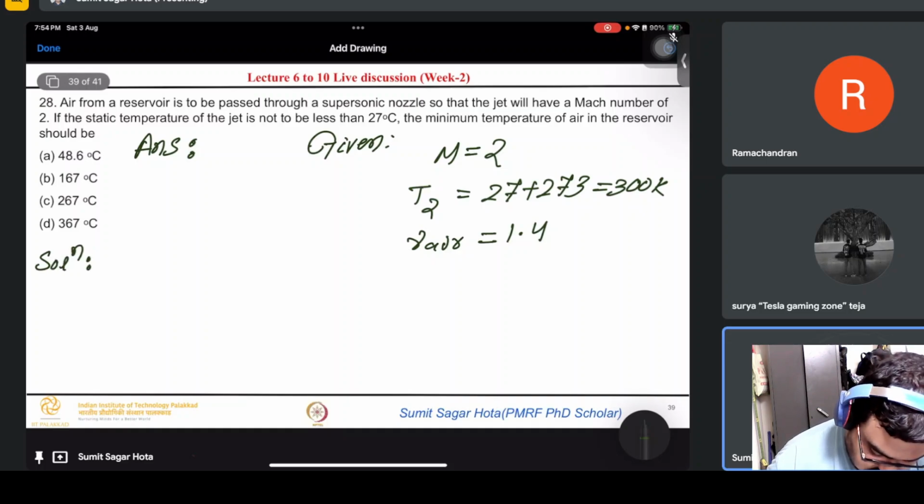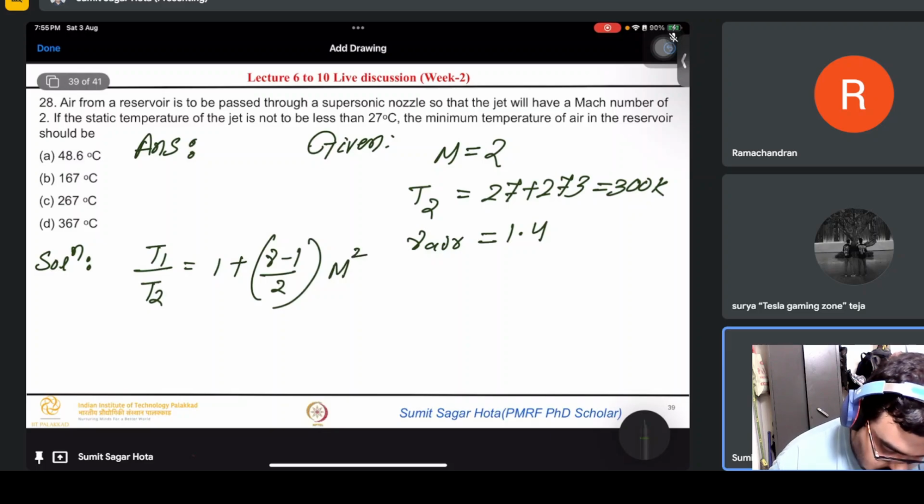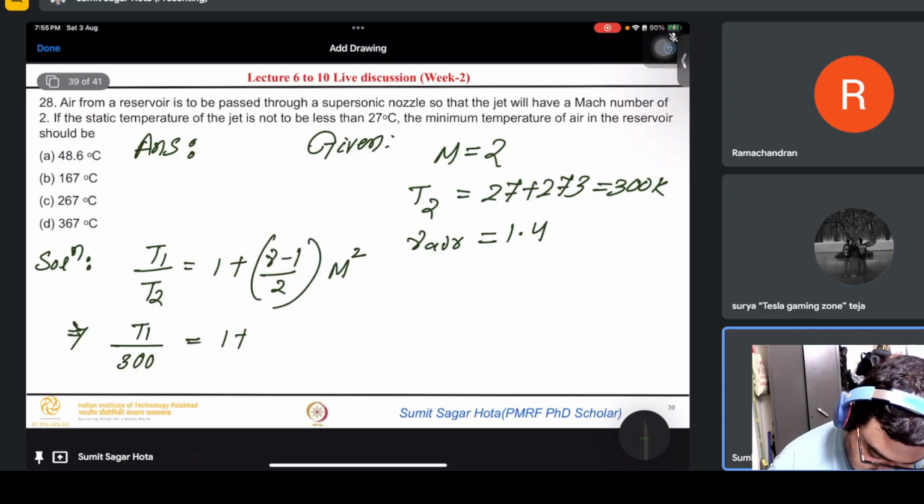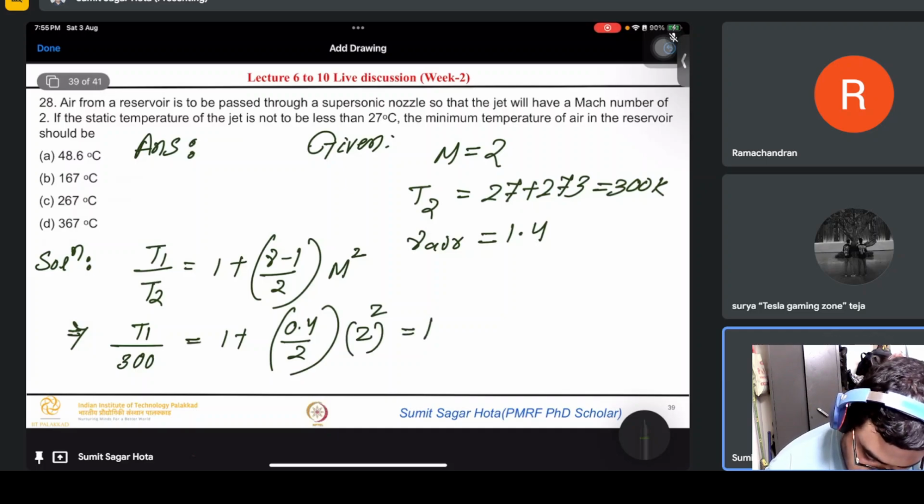So we go for the solution. T1 by T2 is equal to 1 plus (gamma minus 1 by 2) into Mach number square. So T1 by 300 is 1 plus 0.4 by 2 into Mach 2 square, which is equal to 1.8.